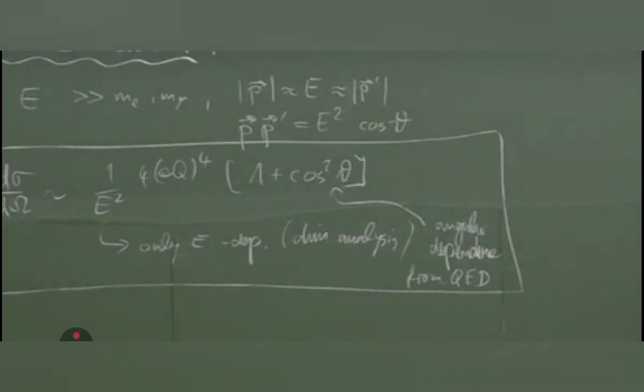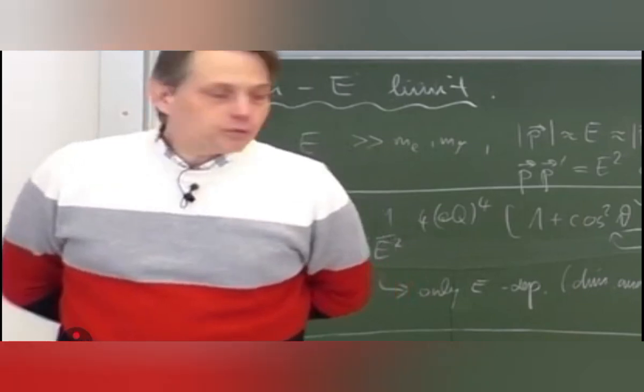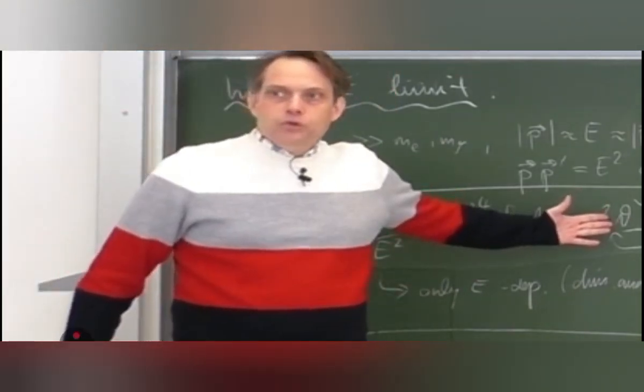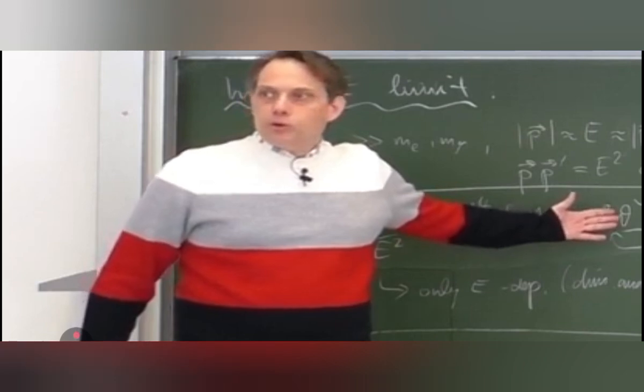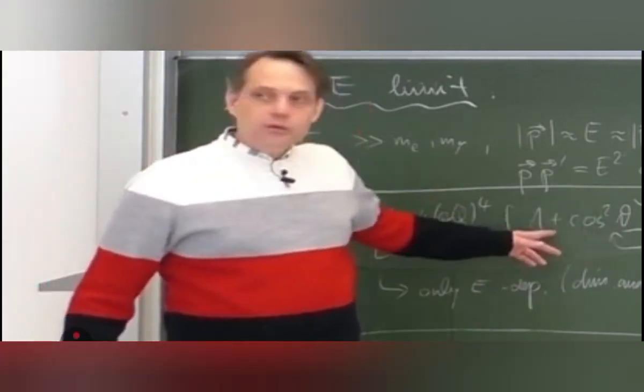And we can now also ask ourselves, is there some physical reason for this angular dependence? So it's not isotropic. The angle matters. Not all angles are equal. But the probability is always non-zero.